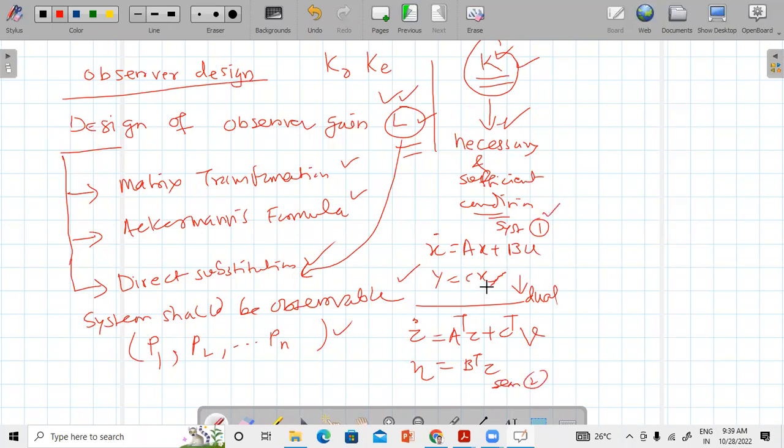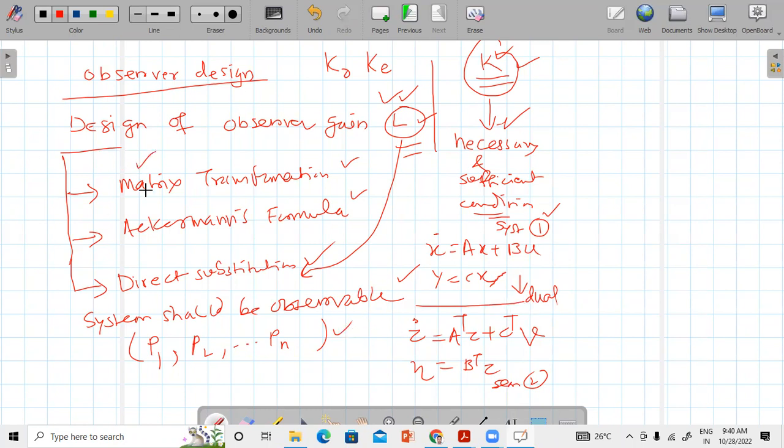If system 1 is controllable, then system 2 is observable. If system 1 is observable, then system 2 is controllable. If state feedback is designed for system 1, then it will be an observer gain for system 2. And if observer gain is designed for system 1, then it will be a state feedback for system 2. This is called the principle of duality.